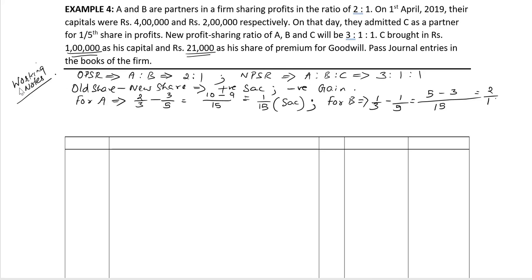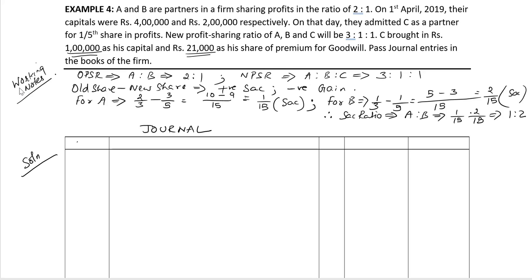Positive 2 divided by 15. B has also sacrificed. Therefore, sacrifice ratio between A and B is equal to 1 by 15 is to 2 by 15 or 1 is to 2.